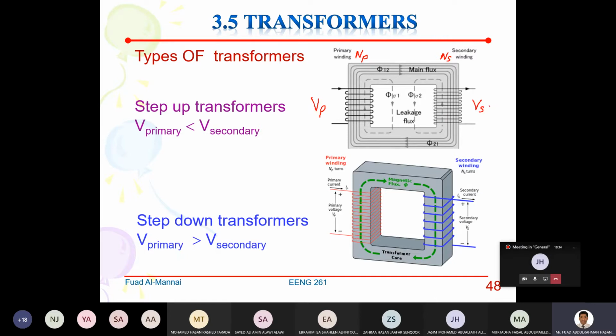When we have that situation, the transformer is said to be a step-up transformer.